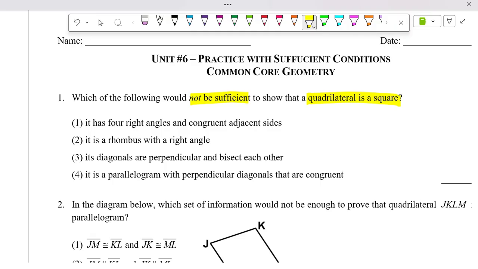All right. So look at your journal entry. Think about it. I want you to think about which of those answer choices would not be enough to show that it's a square. So three of them are enough, but one of them is not enough. So think about it.